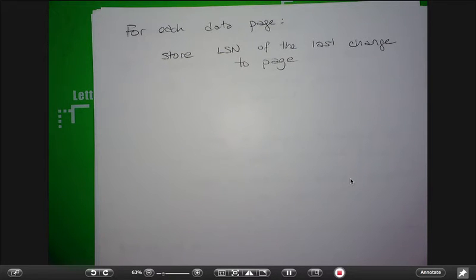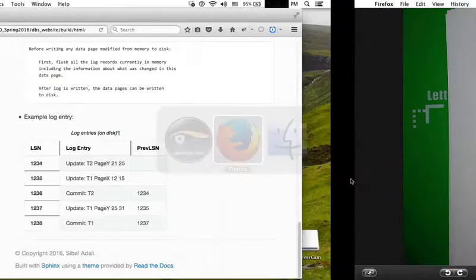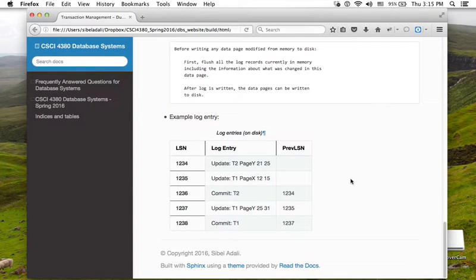Right? So, for example, going back to this, here, if I wrote this page when I committed T2, if I wrote this page back to disk, the last thing that changed this page was 1234. So after that, it may have been changed. If I didn't write this page back yet, there may be changes in memory that are not yet written. So the page in memory will have the last change here at 1237, whereas the page on disk may have 1234, right?